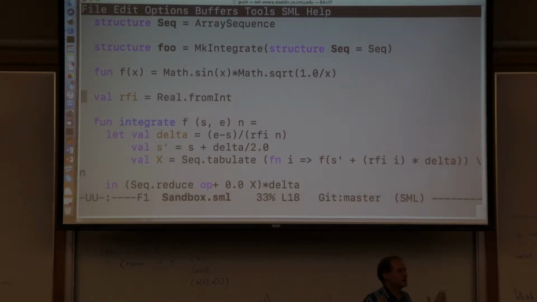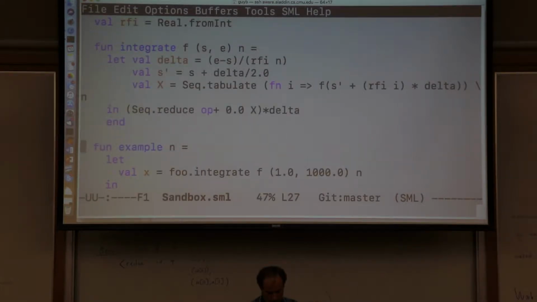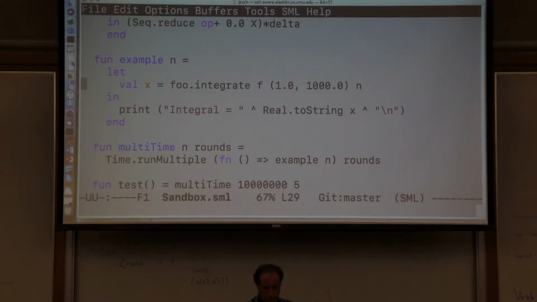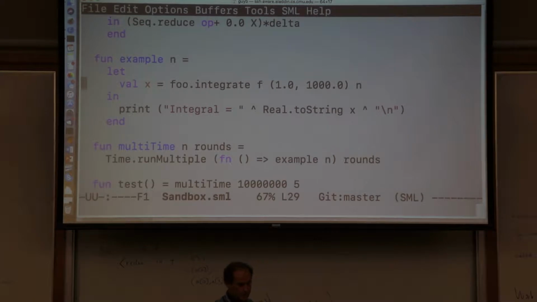So some arbitrary function, just to show I can apply it to any other function. And then I have some code for timing it, et cetera. So I'm integrating that funky function from 1 to 1,000 at n points, an approximation.